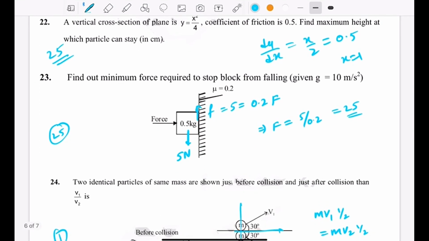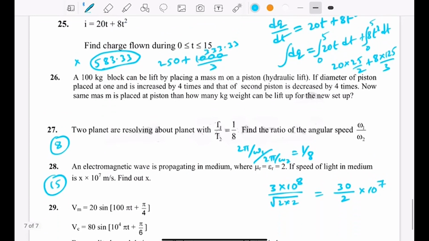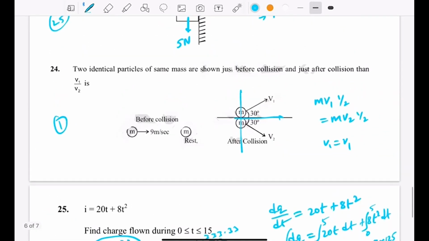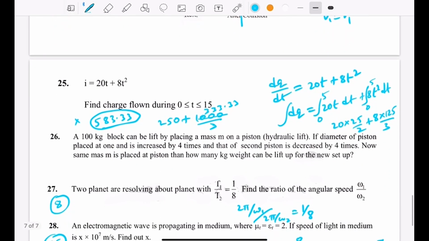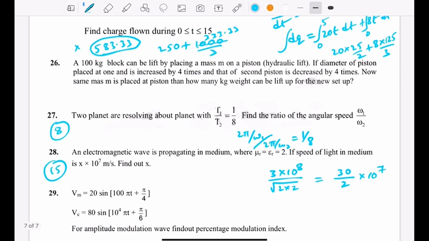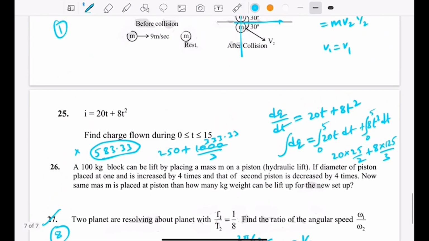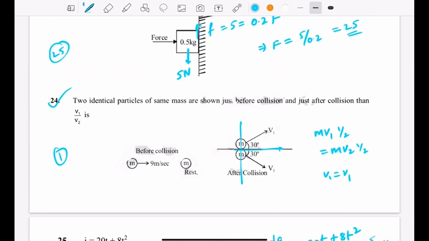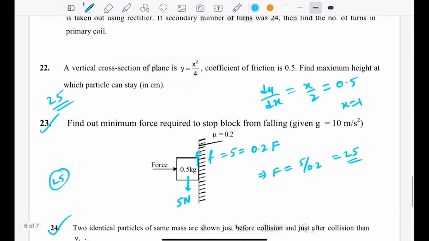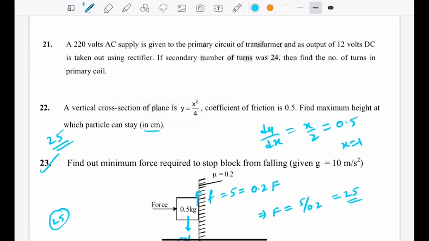I am doubtful about the units. So what is the time? I'll be marking this one, very simple, without any doubt. One more thing, I'm doubtful about the units, centimeter, maybe I can take it.